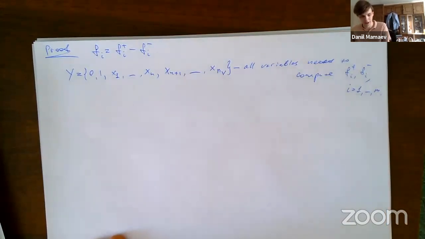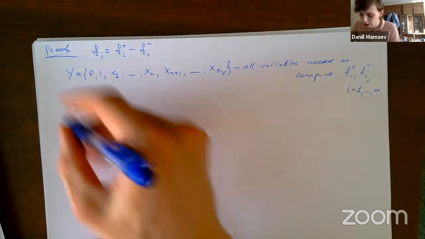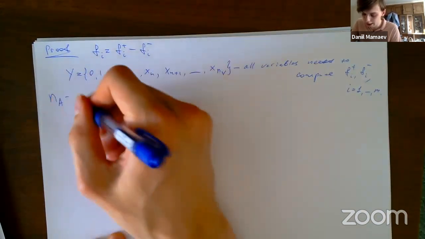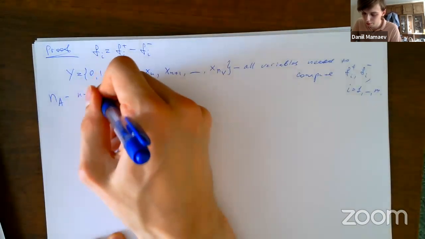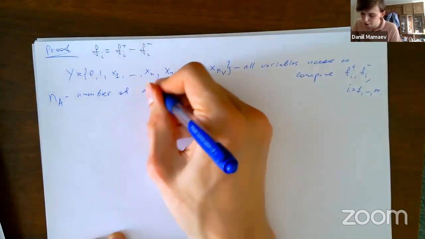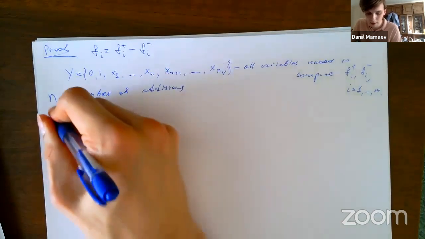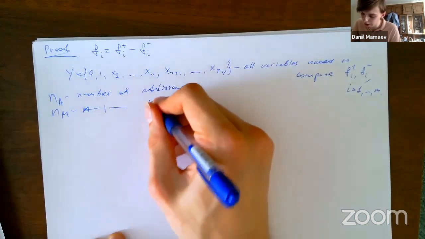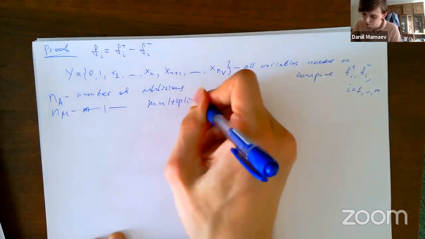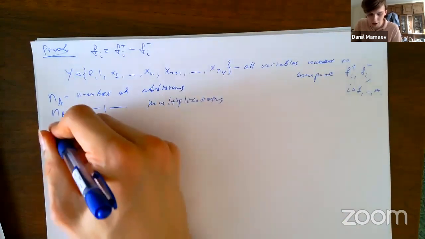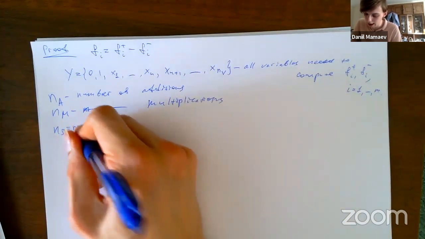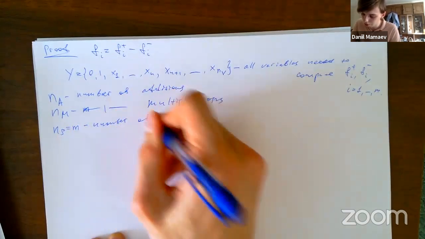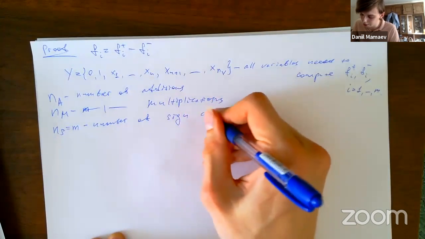Okay, we have a bunch of variables. And let's say that the total number of additions in our computation is NA, number of additions, and NM is the number of multiplications. And S is m, because I have m polynomials, the number of sign conditions.